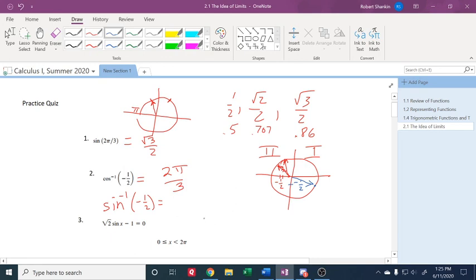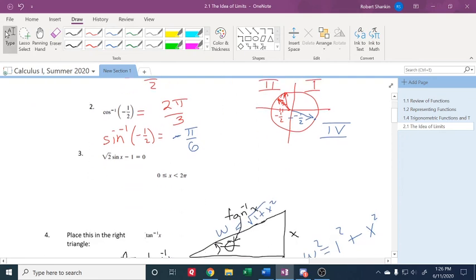So what's the angle that's going to do that? That is negative pi over 6 for this one. And the inverse sine function is only defined in quadrants 4 and 1. And when you're using a quadrant 4 angle, you have to give it as a negative angle.